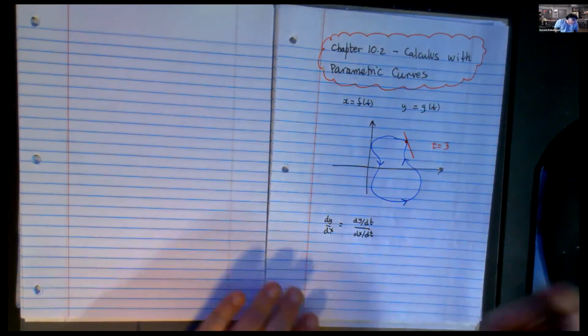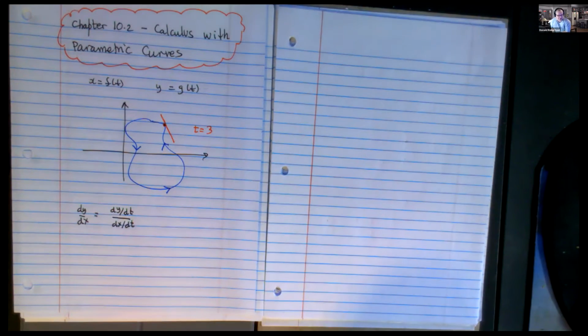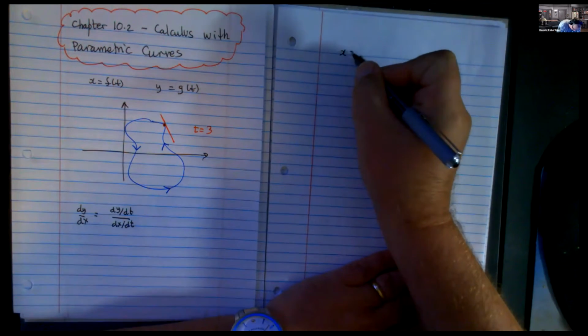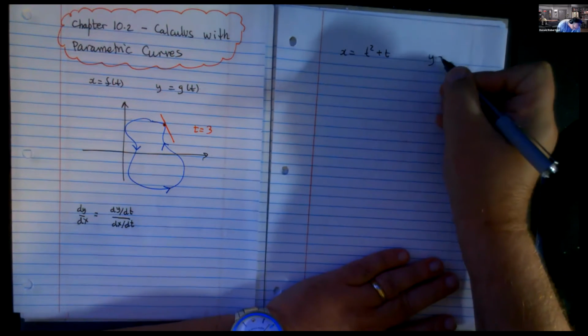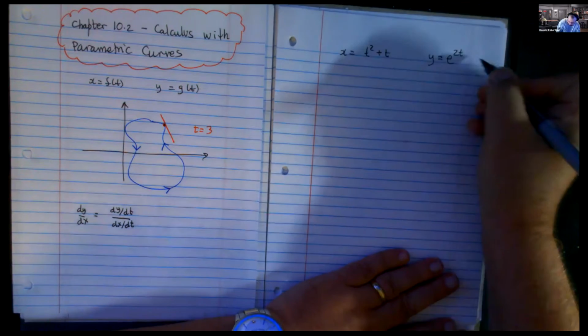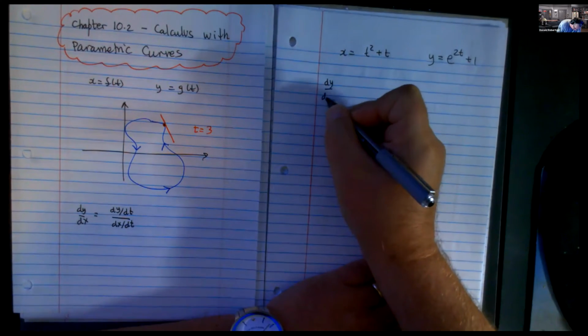So let's do an example then. That's the only formula you need to find the first derivative of a parametric curve. So let's suppose x was t squared plus t, and let's suppose y was e to the 2t plus 1. And I would like to know what the derivative is.